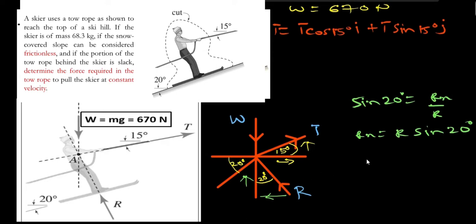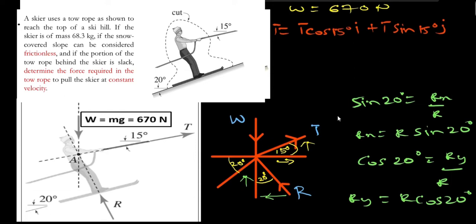For the y component, it is adjacent, so cosine of 20 degrees equals the adjacent, which is Ry, over the hypotenuse, which is R. So Ry is equal to R times cosine of 20 degrees. Let's write it for the normal force also. The x component will be negative since it is moving in the negative x-axis direction, so you negate this.